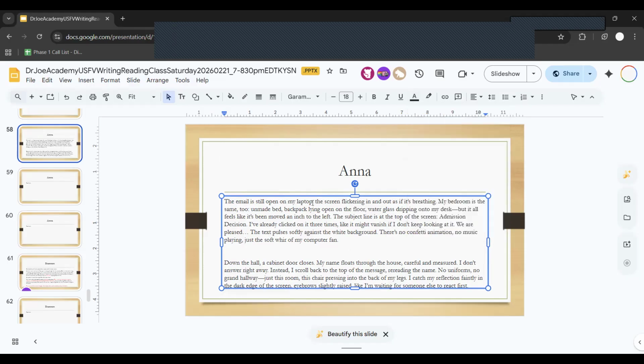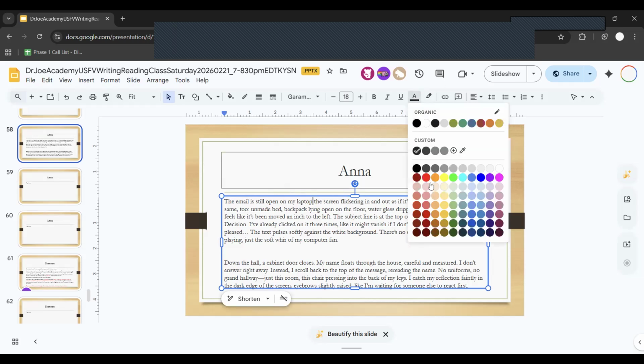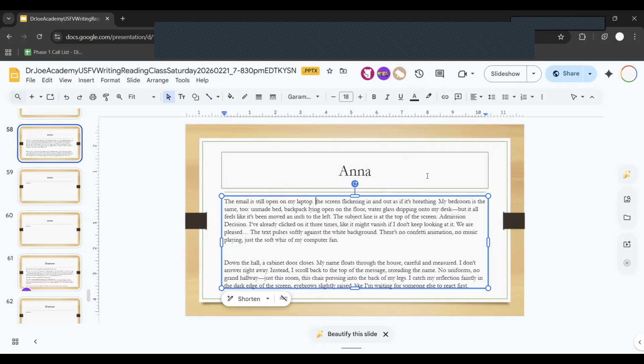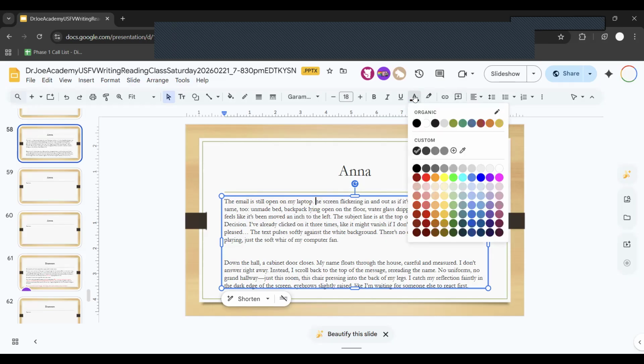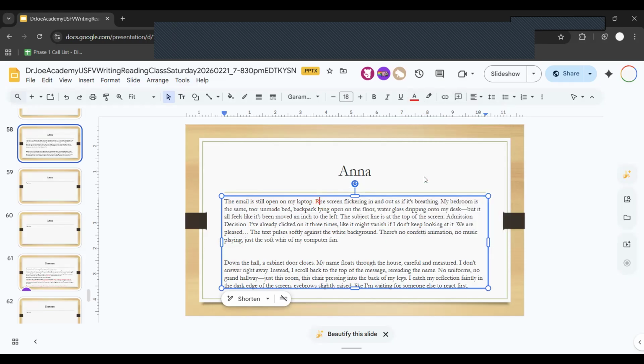I'm just gonna make this red and separate these sentences. And I'll write in between, two independent clauses becomes comma splice.